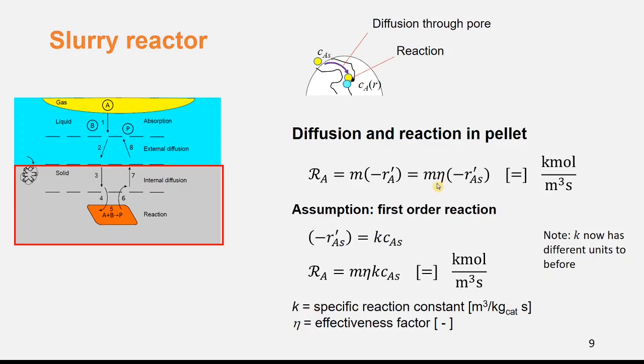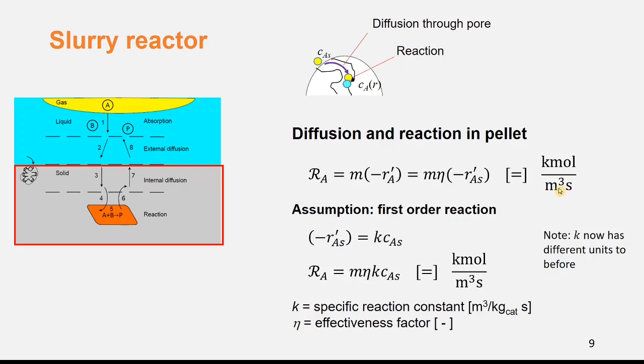We can write that the overall reaction rate of consumption of A inside the solid, capital RA, is equal to M, the catalyst loading, so the units of that is kilogram catalyst per cubic meter slurry, multiplied by negative RA prime, the rate of consumption of A in kilomole per second per kilogram catalyst. So capital RA has units of kilomole per second per cubic meter slurry.